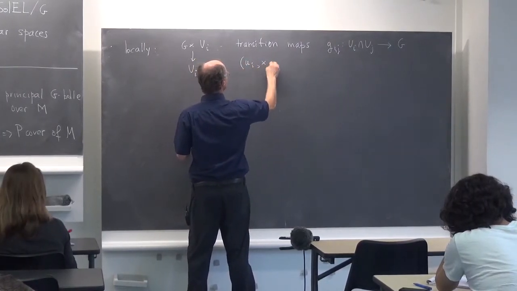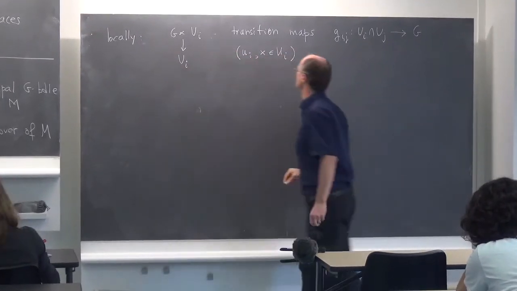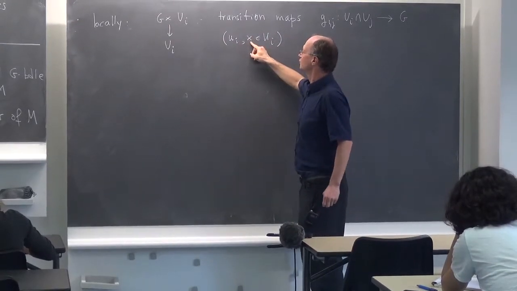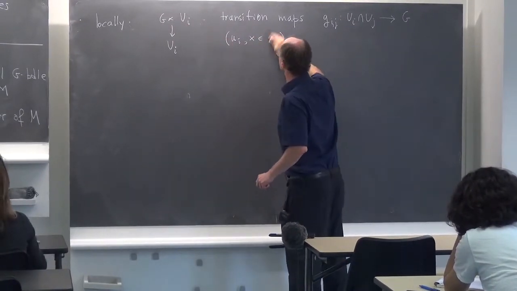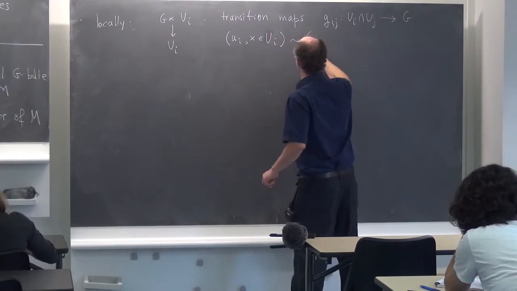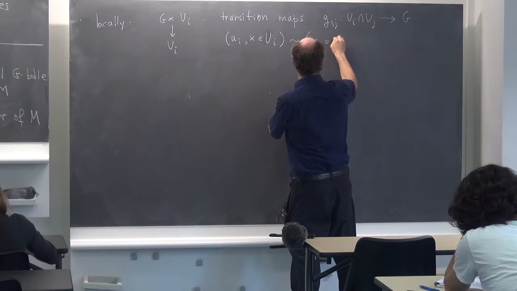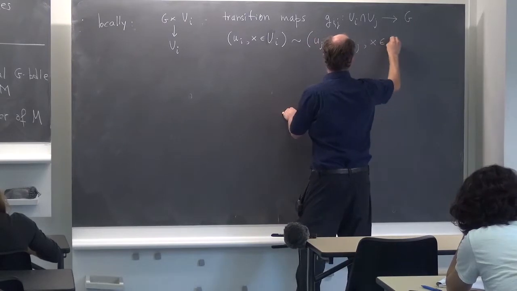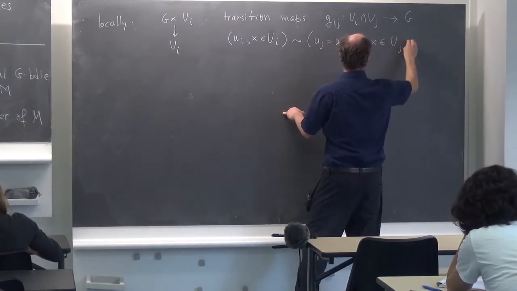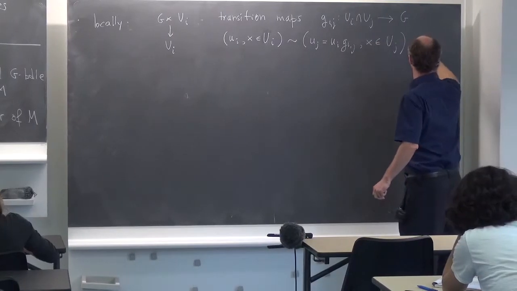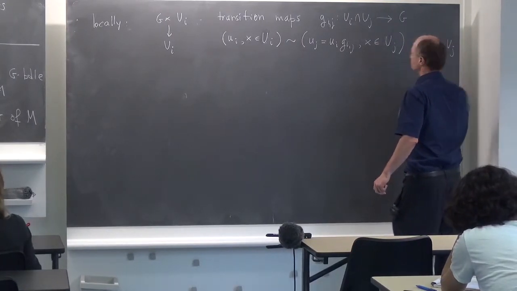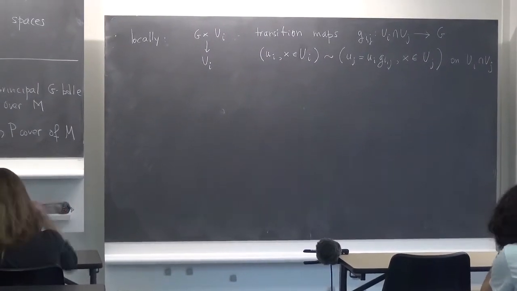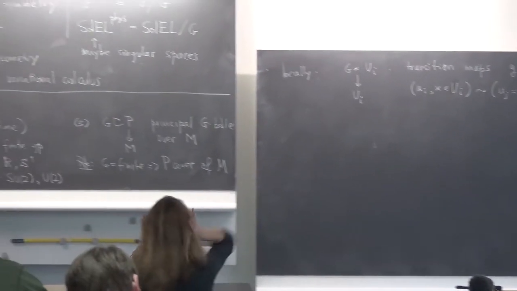So the point given by the group element u_i and the point x in the chart U_i is identified with u_j equal to u_i times g_ij, x, the same point x but in U_j. So that's the equivalence relation which tells you how to glue the charts in the total space.